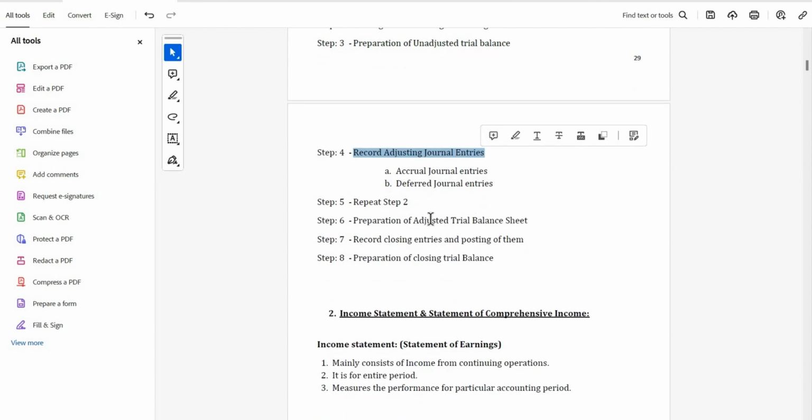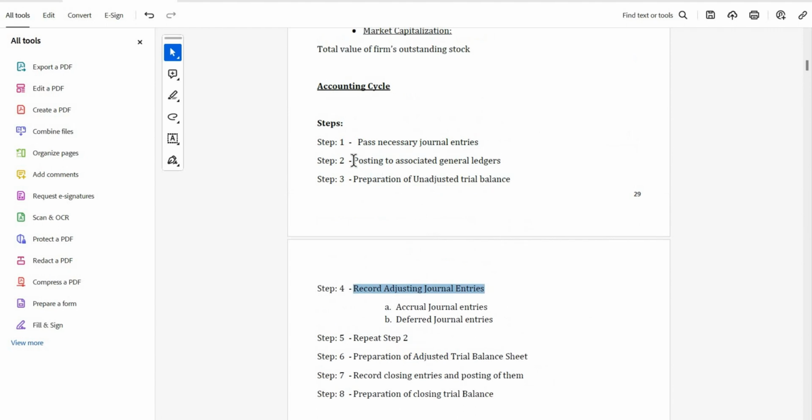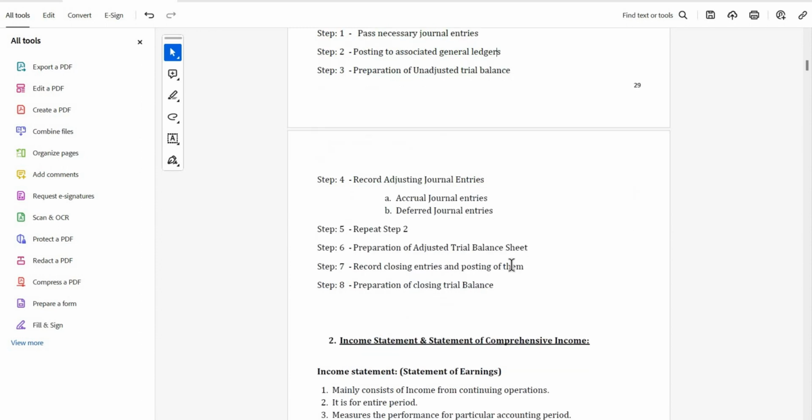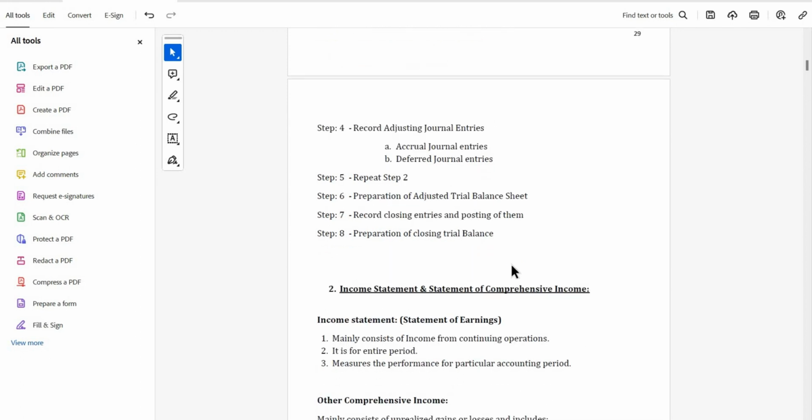Then we repeat step 2, that is, we post the associated journal entries to the general ledgers. From the ledger we prepare the adjusted trial balance. Then we record closing entries and post them.